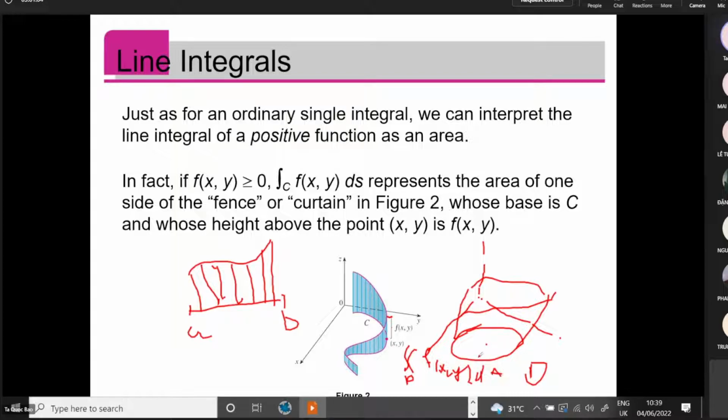Okay, so now we don't take all values x and y in D. We just take the values of x and y along the curve C. And then we obtain the curve f(x, y) with respect to the curve C here, and then we calculate the area between f(x, y) and the curve C. Understand?